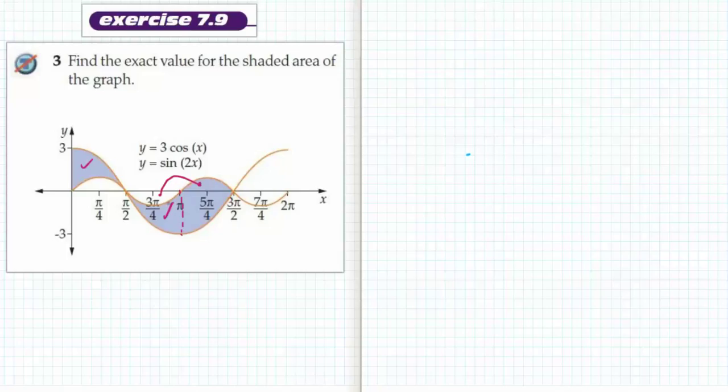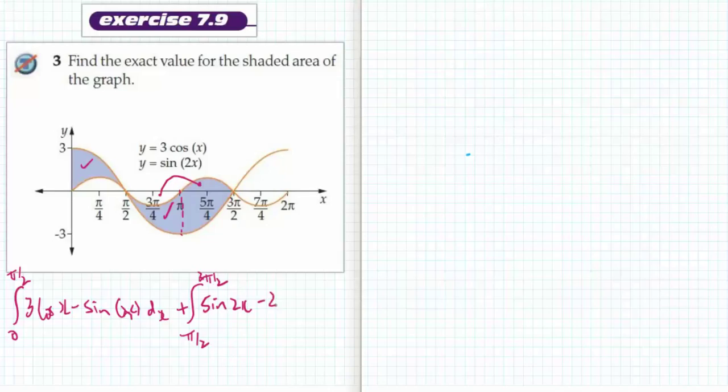So I might do two separate integrals, and the two separate integrals will be the integral from 0 to pi on 2, where the top curve is 3 cos of x minus sine of 2x dx, plus the integral which goes from pi on 2 to 3 pi on 2, and the top curve is my sine, so the sine of 2x minus 3 cos of x dx.